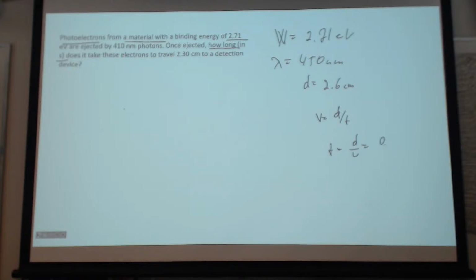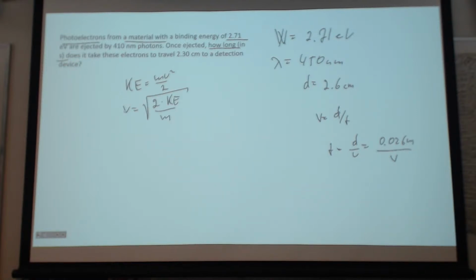So 0.026 meters divided by that speed. That speed should come from kinetic energy. And we get kinetic energy. So you will have to use International System of Units: the square root of 2 times kinetic energy divided by mass.